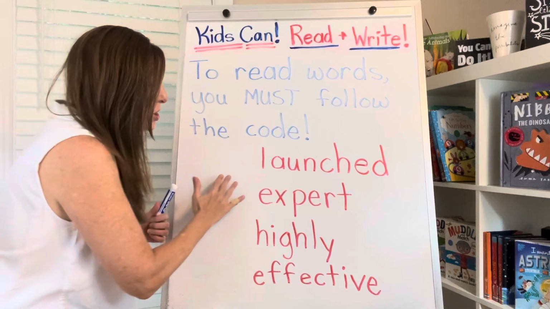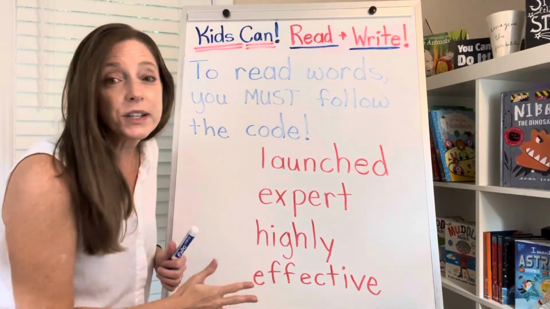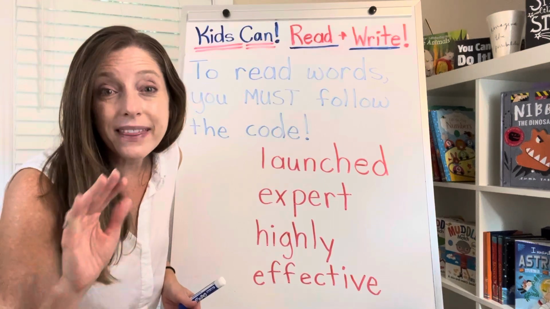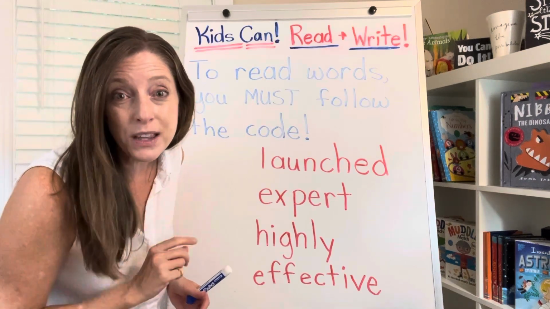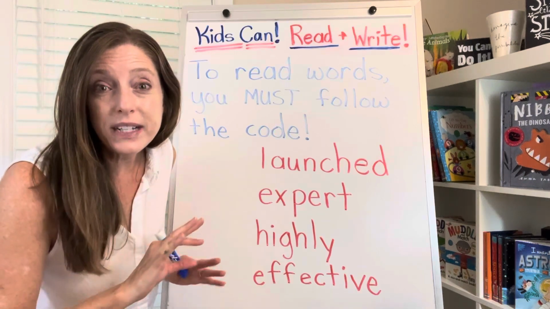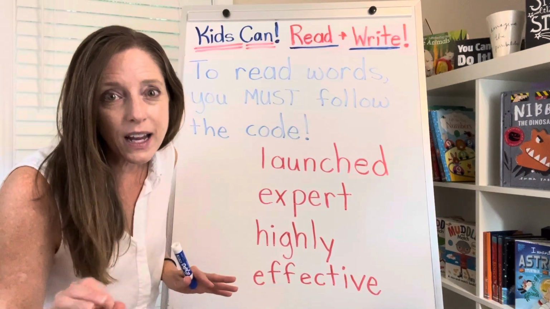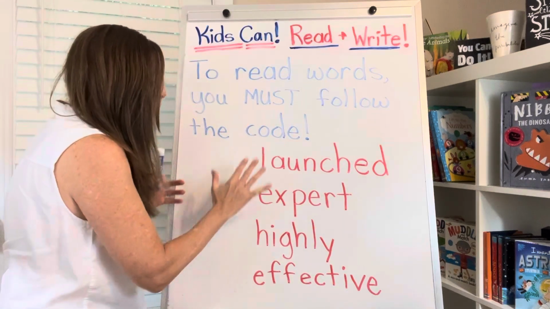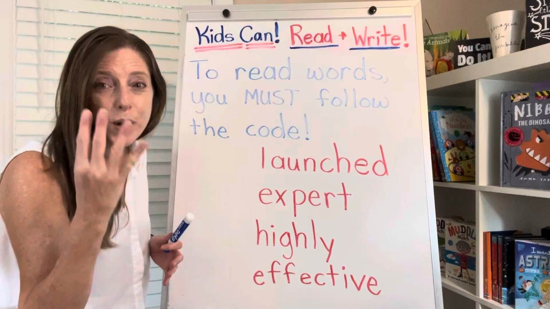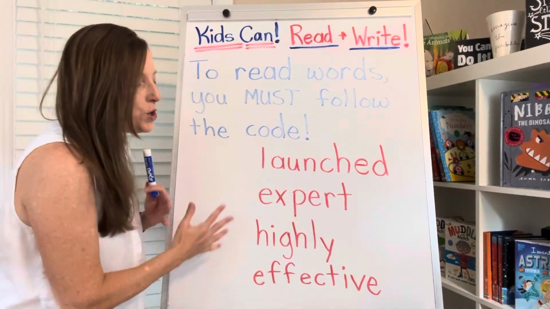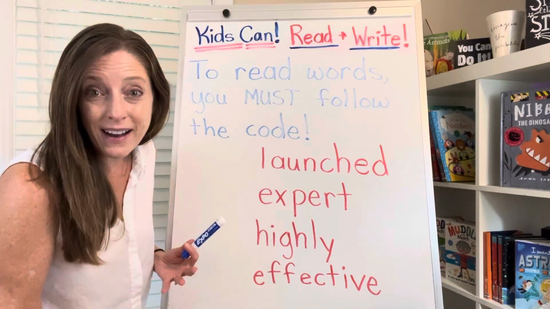But I want you to start noticing why words say what they say, so that you will know the code, and then you can figure out if you're saying the right thing or not. Or if you're working with a child who doesn't know the code yet, you will know better how to help your child. Okay, so let's talk about just 4 words today, 4 different words. And let's see if you know the code behind them.